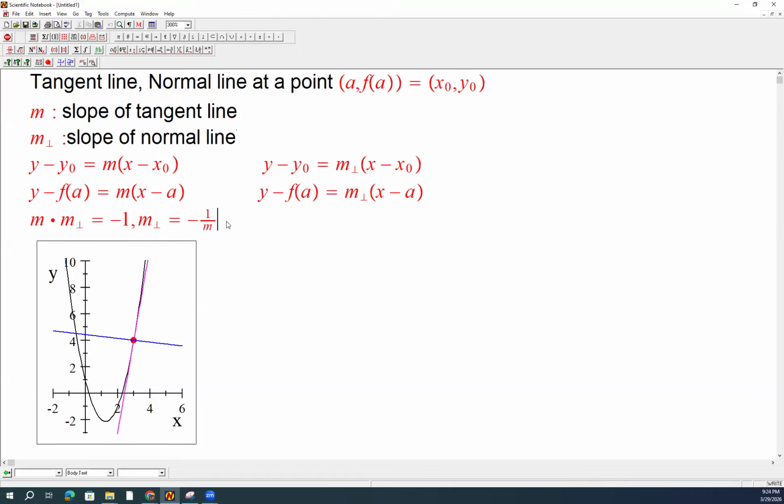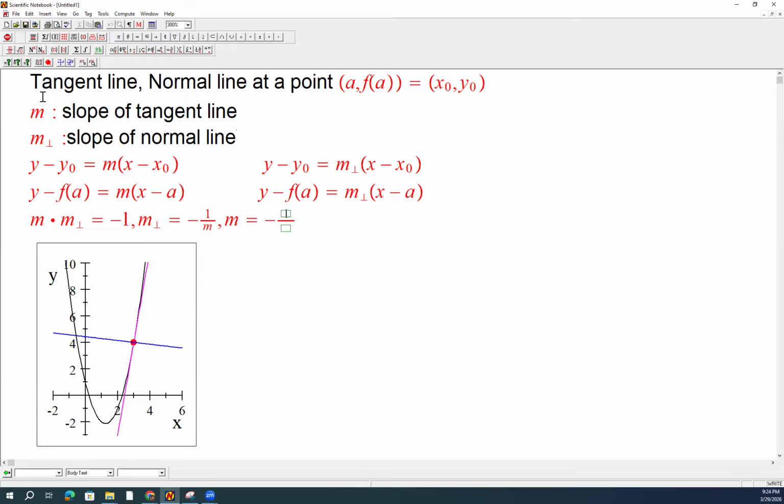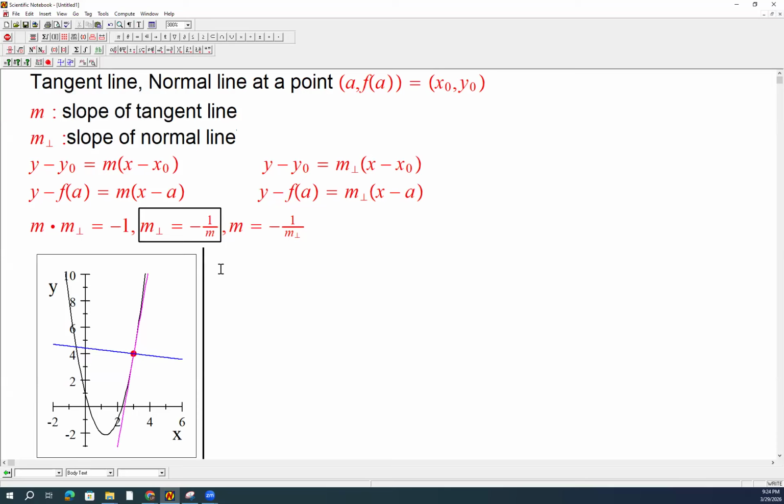If you know one, you will find the other, and it's also true the other way around. So that's their relationship, and this formula is the one I use most often.